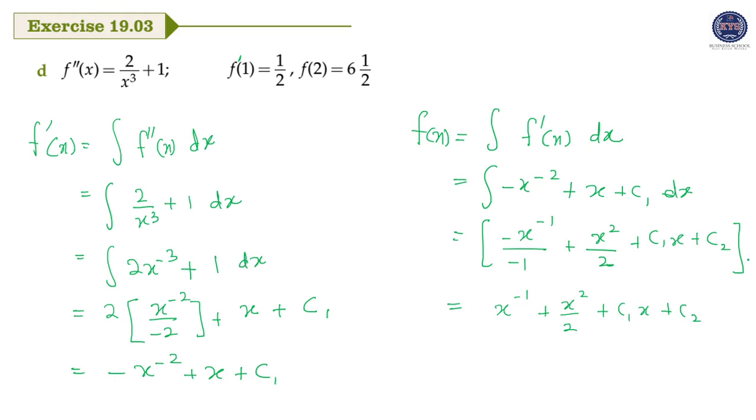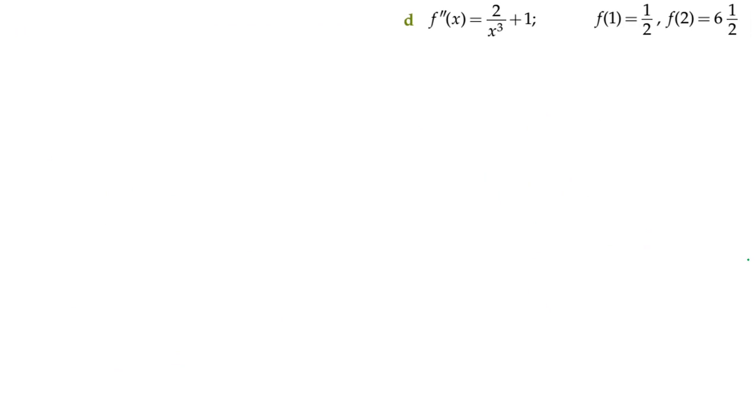Now baru kita start finding the constant C1 and C2 over there. I'm going to rewrite the function. Your fx equal to x power of negative 1 plus x squared over 2 plus C1x plus C2.